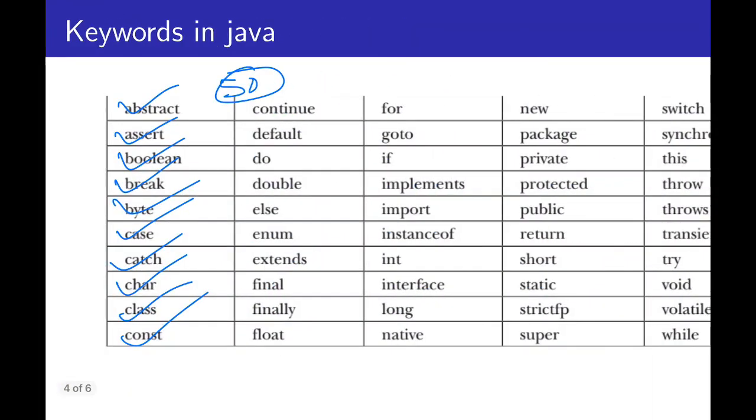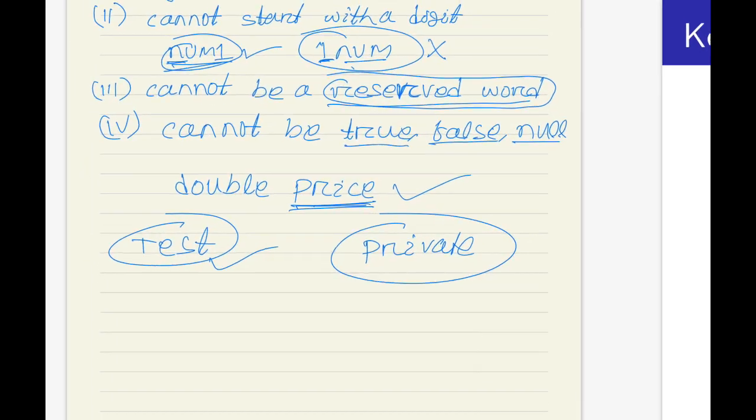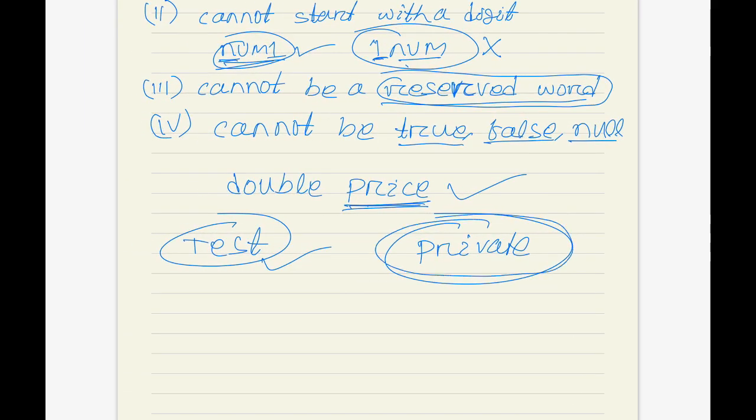So here you can see private is there in the list. So this private is not a valid identifier. So similarly, you can check whether an identifier name is valid or not valid.